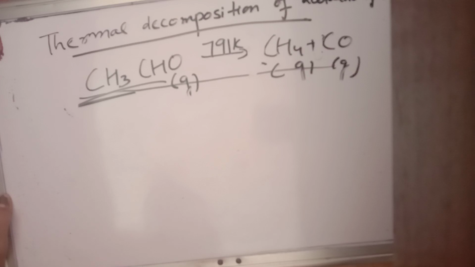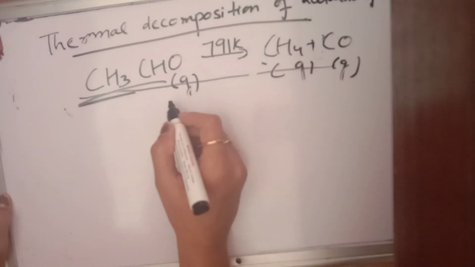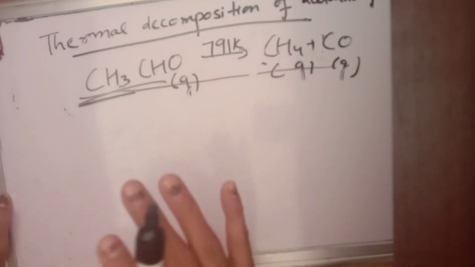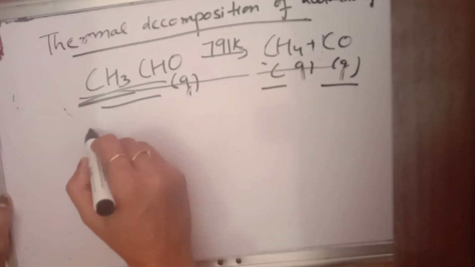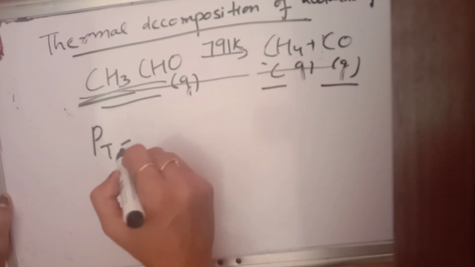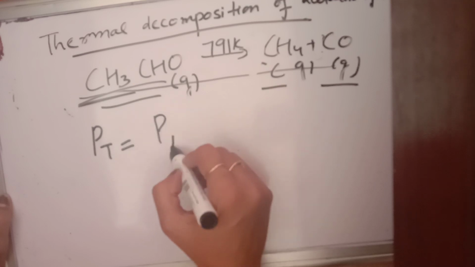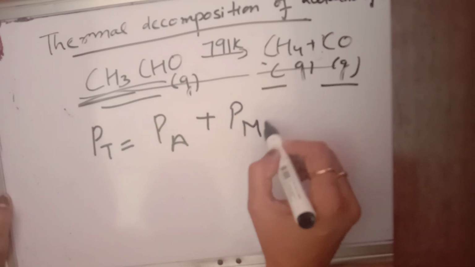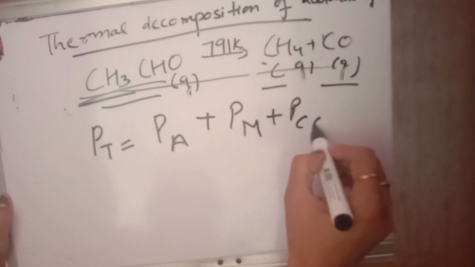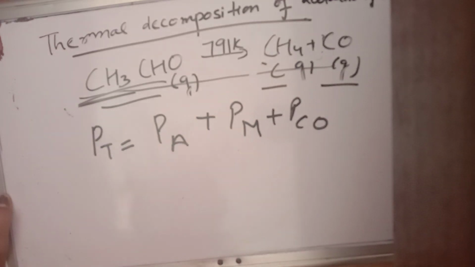In case of gases we talk about pressure. So my total pressure will be equal to pressure of acetaldehyde plus pressure of methane plus pressure of carbon monoxide.